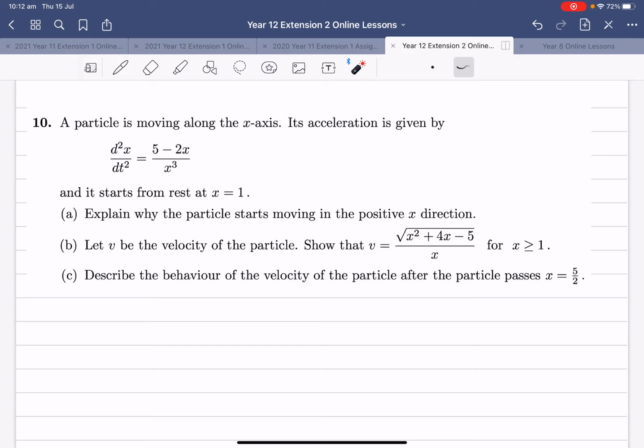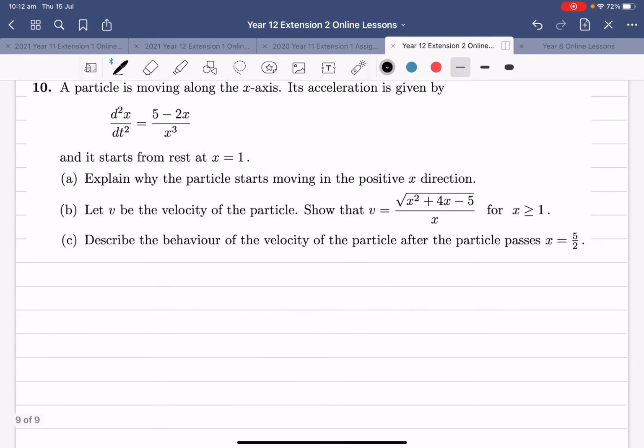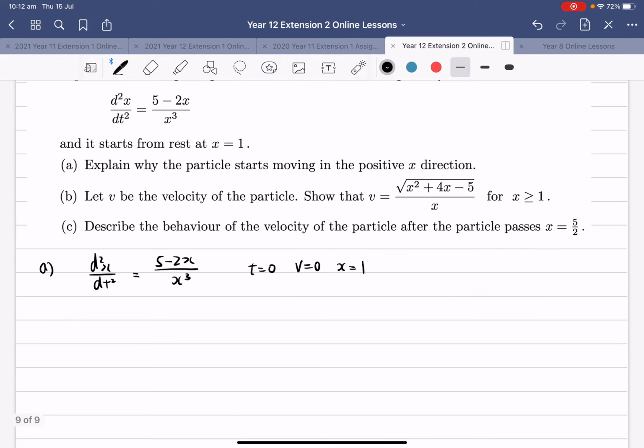Okay, all right. So let's just write down everything we have. All right. So initially, when t equals 0, velocity is equal to 0, x is equal to 1. Okay, that's initially. And then I just need to do a very simple calculation by substituting x equal to 1. What is the acceleration?